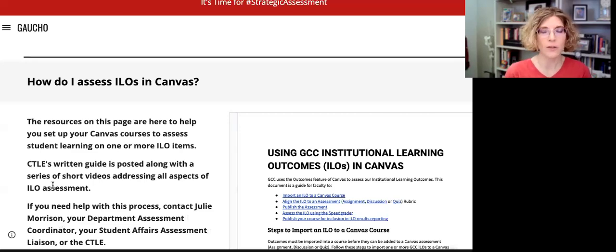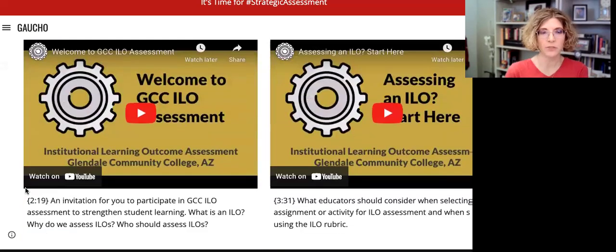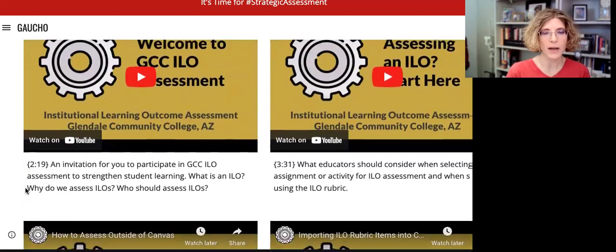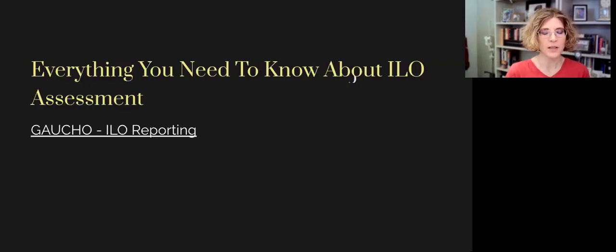We're going to do a quick run through of them today, but there are not only written instructions, but short little videos that walk you visually through how to do all of these things. So this is sort of your home for ILO help, but we will have additional help sessions. We will be always willing to work one-on-one. Just reach out to us.